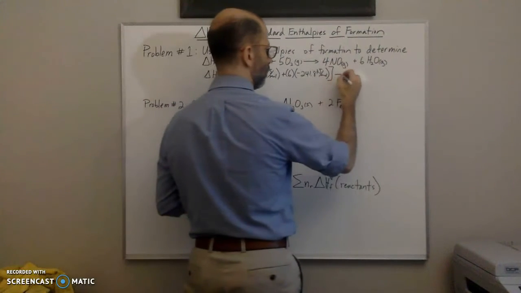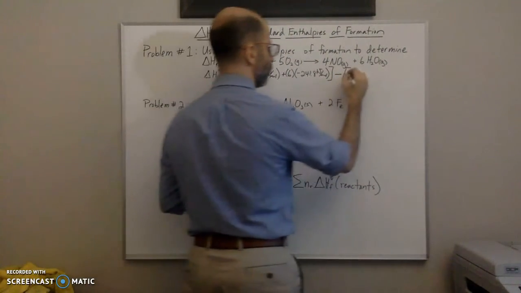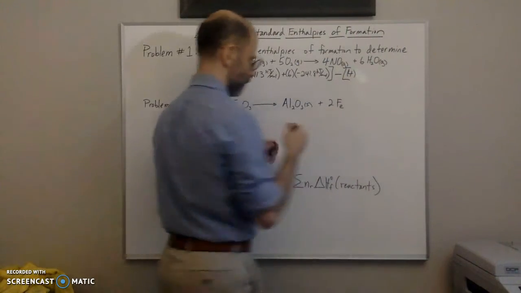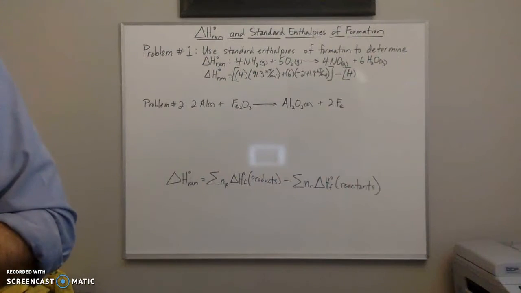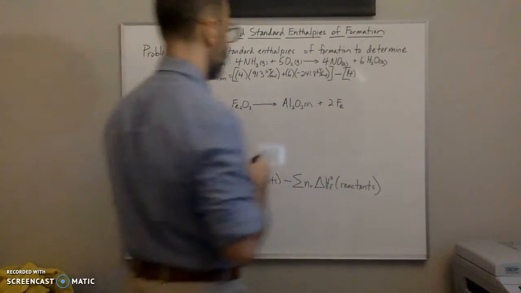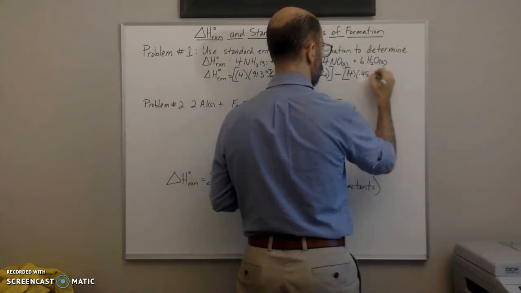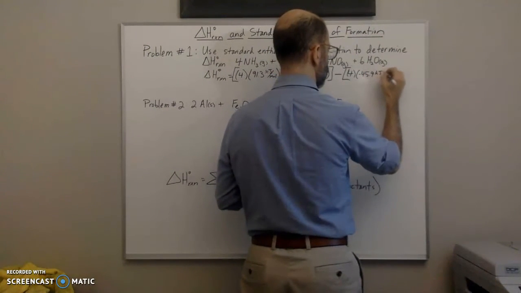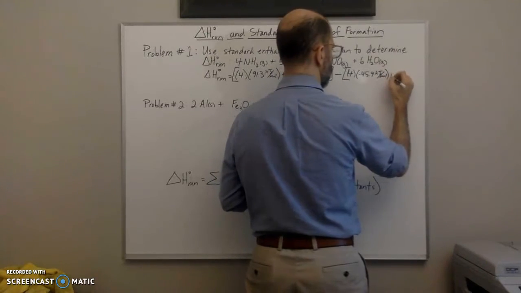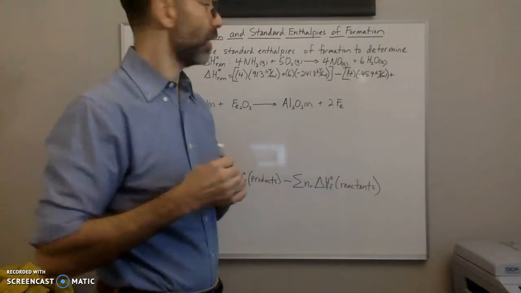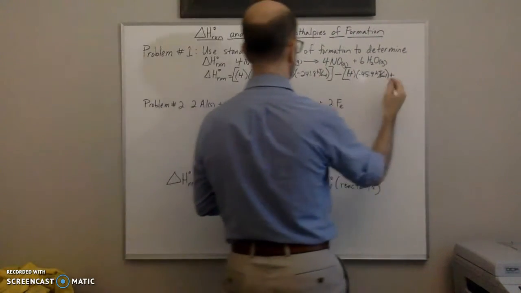So we just do the same thing for the reactants. We have 4 for ammonia, so 4 times, and we look up ammonia, and that's negative 45.9 kilojoules per mole, plus, and then we have oxygen.